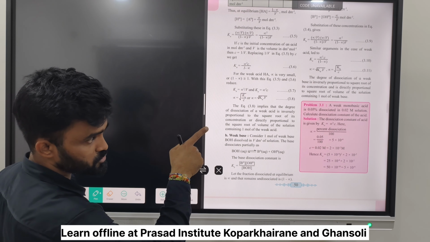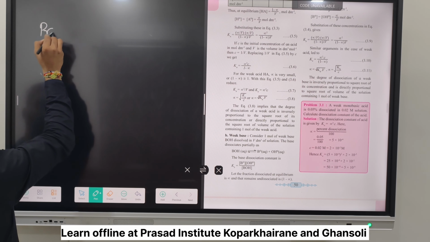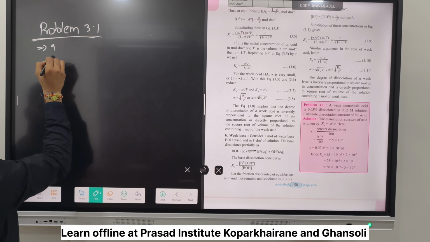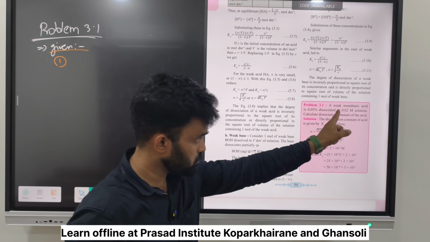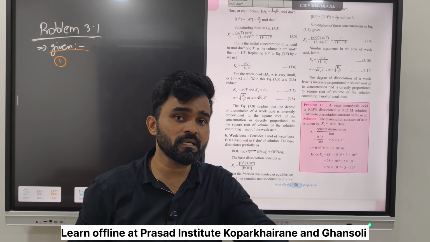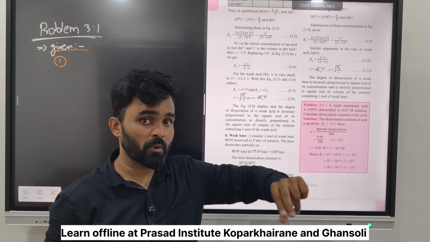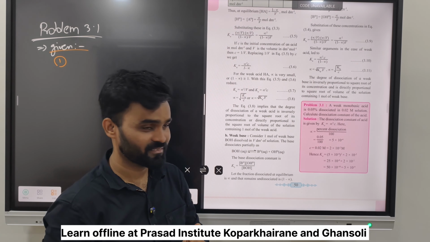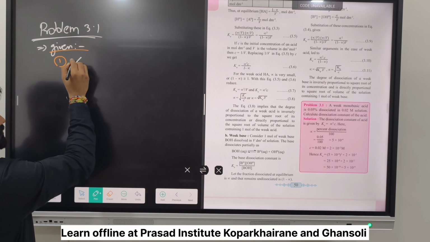A weak monobasic acid is 0.05% dissociated. Given number 1: 0.05% dissociated. If it 100% dissociates, it is a strong acid or strong electrolyte. 0.05% means it is a weak electrolyte, right? Yes, correctly caught. Here the percentage given should be alpha. So it's a percentage alpha.